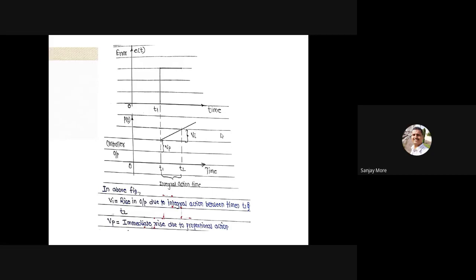Draw these two graphs. One is the error versus time, and second is the control output versus time. So this is the integral action time. Draw these two graphs.